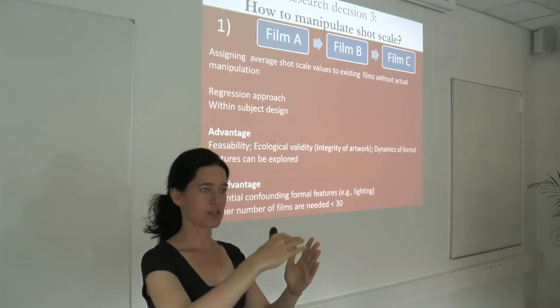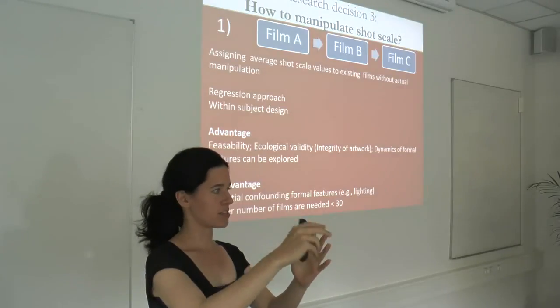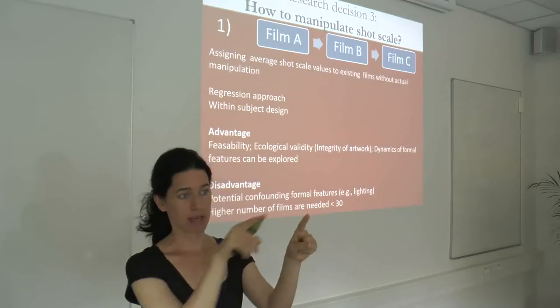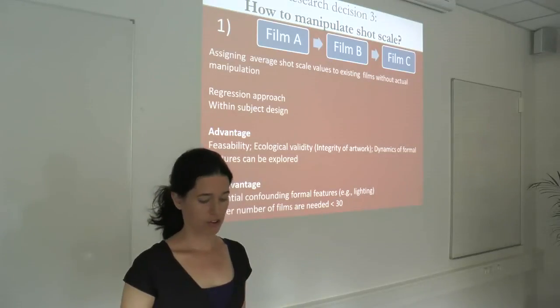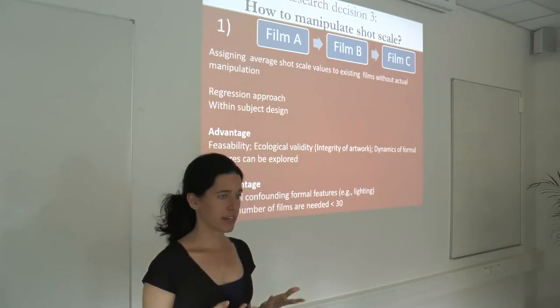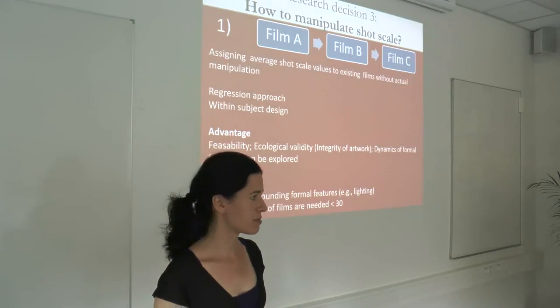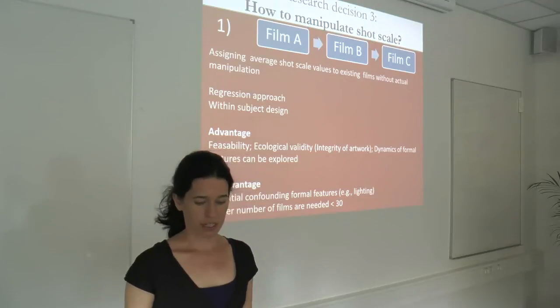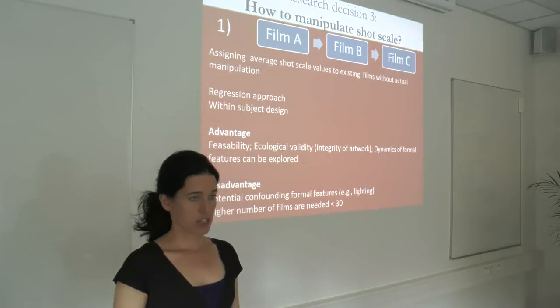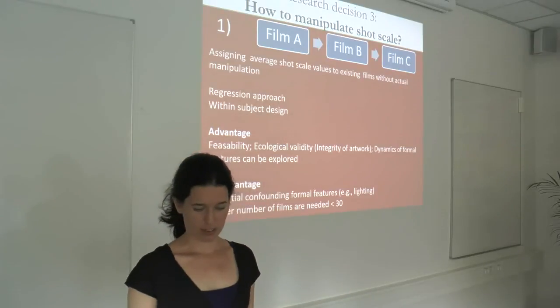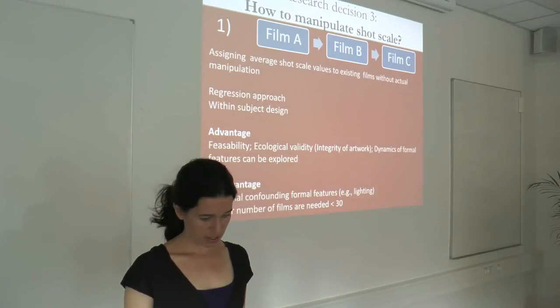So whenever there is a close-up, there is a certain lighting or a certain color that may have an effect on theory of mind as well. And you need a higher number of movies, which will increase the number of participants, reimbursement money, and so on. So this is one way. In study 1, we did this. You will see how it worked out.